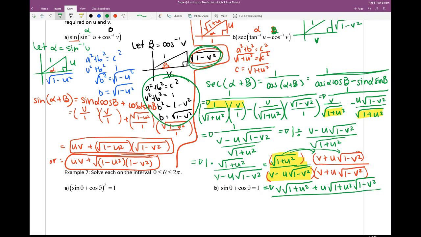All over, on the bottom, because these are conjugates, I can just do v times v is v squared minus u squared times radical 1 minus v squared times another radical 1 minus v squared. The radicals go away. So that's where I'm at right now. Okay, I'll pause a little bit so you can copy it down.